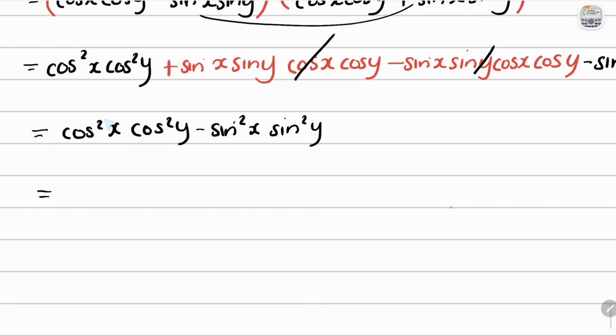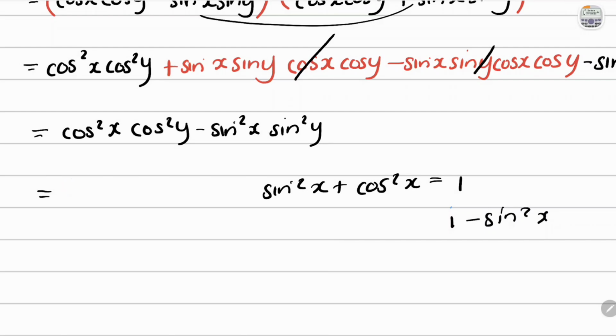It should be more than 1. So with these, cos squared y and cos squared x, they can create 2 terms. Remember the identity sine squared x plus cos squared x is equal to 1, because it's a sine and cos. So with this, you can change cos squared x into 1 minus sine squared x.